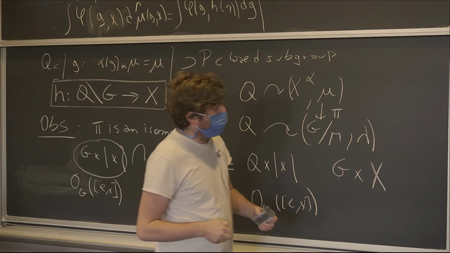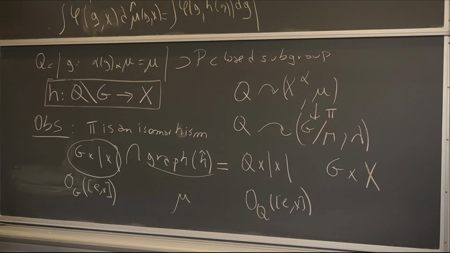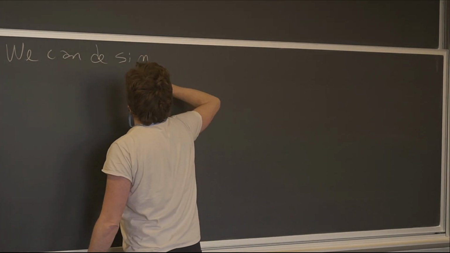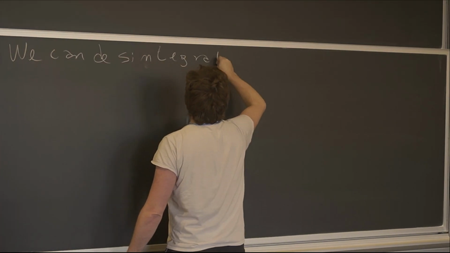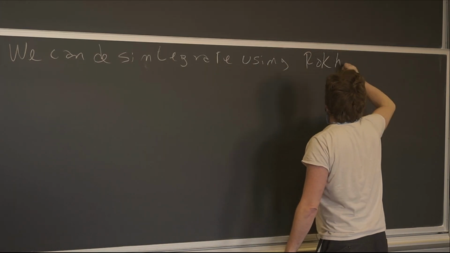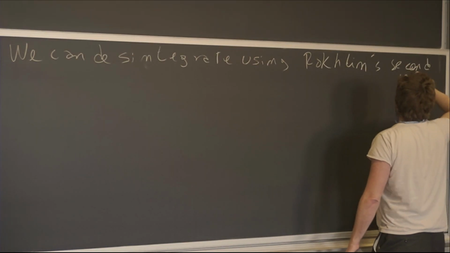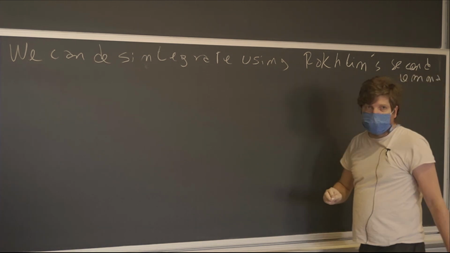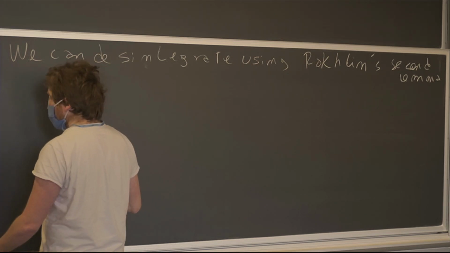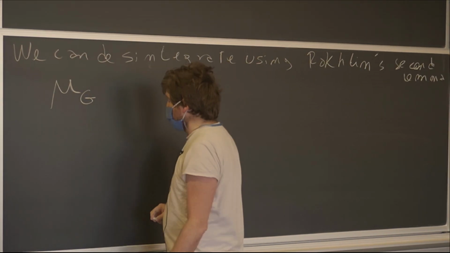Yet we can define, so we can disintegrate, using Rokhlin's second lemma, mu, now on X alpha along the G orbits. That's why it's the second lemma; if not, I would use the first lemma.